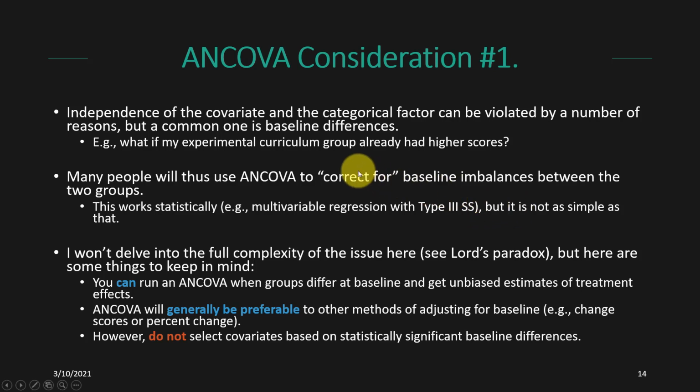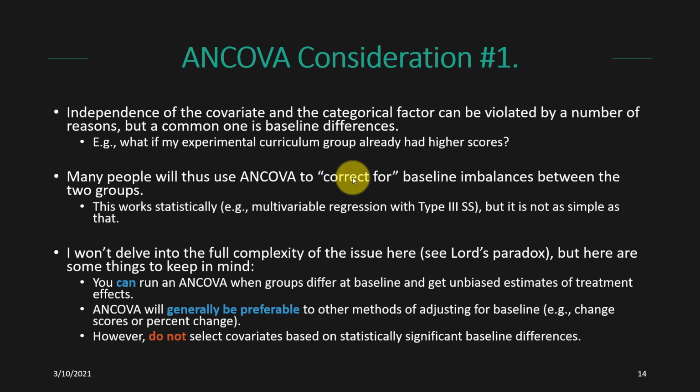So mathematically, we can do this and in essence correct for that baseline imbalance, but it's not as simple as that. We can't just say, we've controlled for baseline and therefore we have a perfect, unbiased, accurate representation of the effect of our treatment. And I won't delve into the full complexity of the issue here because it's a little too big, but there are some things that you should keep in mind.